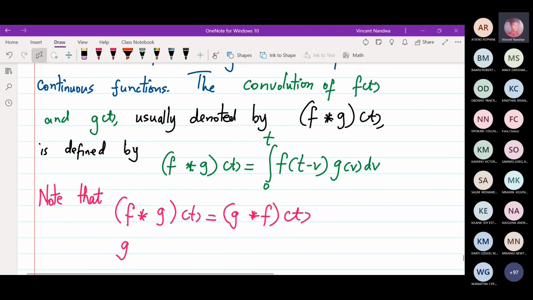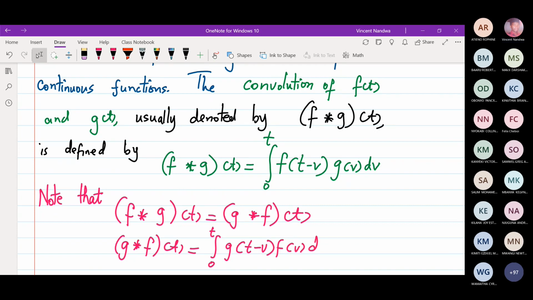And when you say the convolution of g and f, you define it as the integral from 0 to t, g of t minus v, f of v dv. So when you reverse the order of the two functions, you still get the same answer.